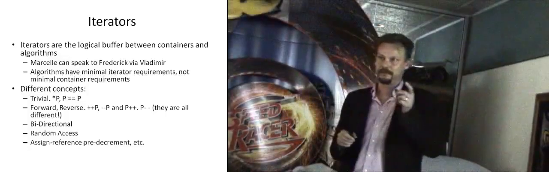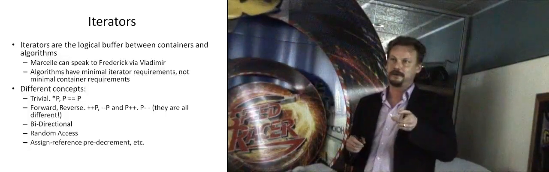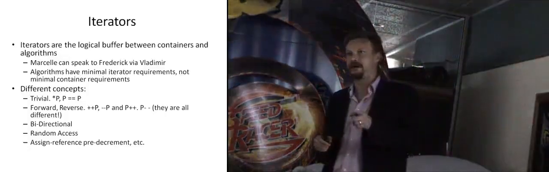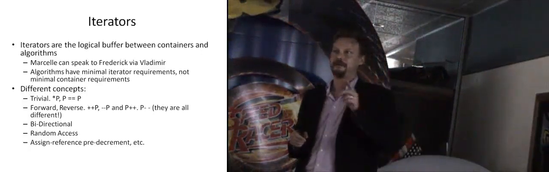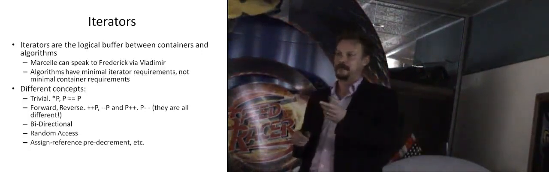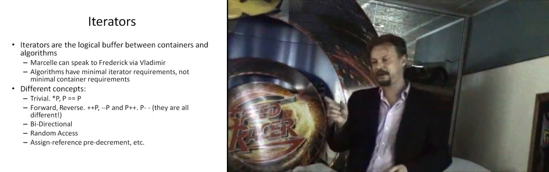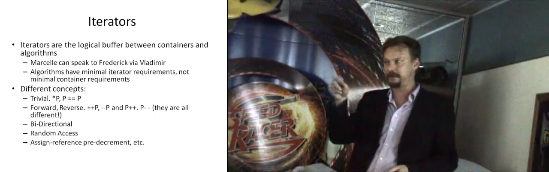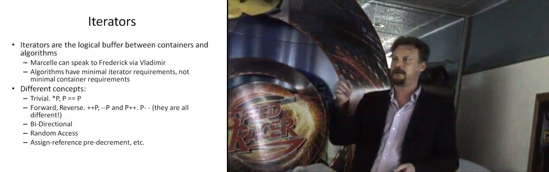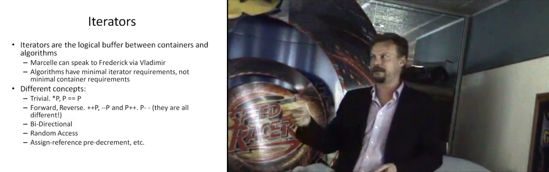We know that as meaning give me what is pointed to by the result of pre-incrementing p, and we treat that as two operations. But as a concept, all we need to care about is that that expression, *++p, gives me what's pointed to by the next element in the sequence pointed to by p.